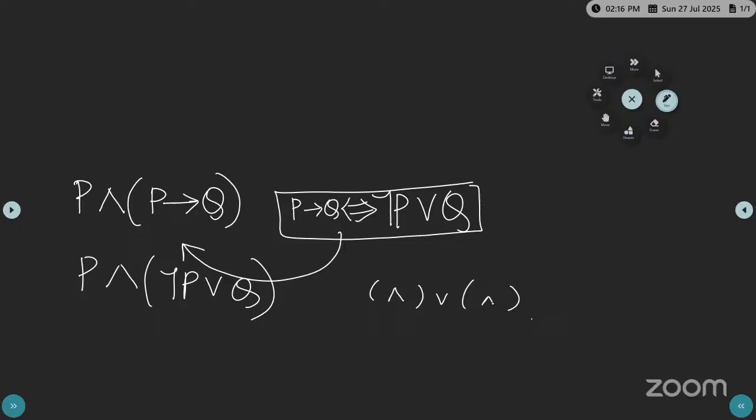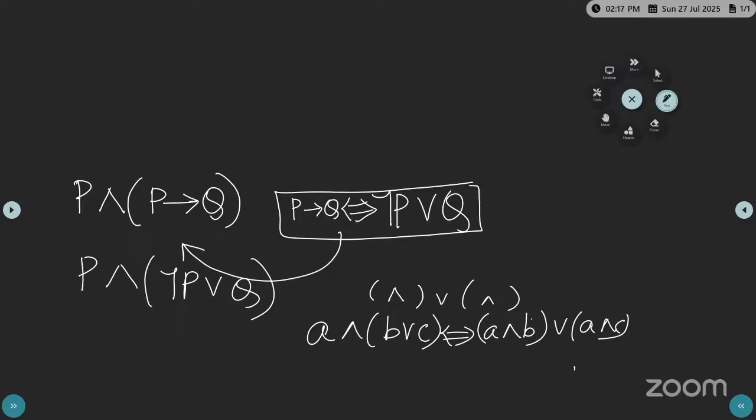Which law should we take? Distributive law. So what do you mean by distributive law? A and (B or C) is also written as (A and B) or (A and C). Clear?